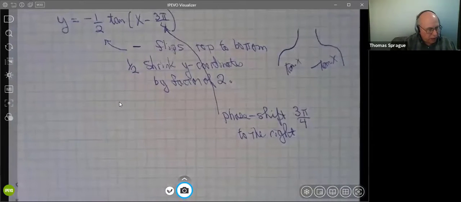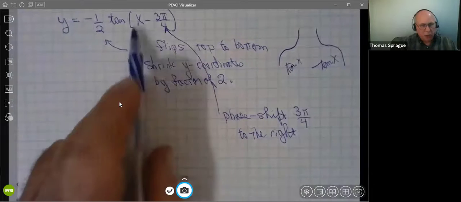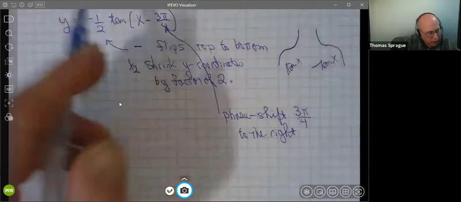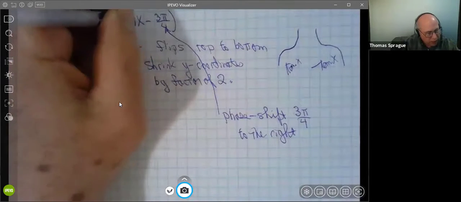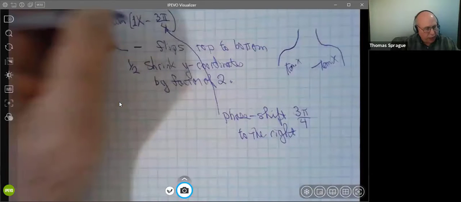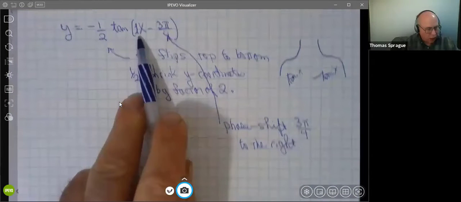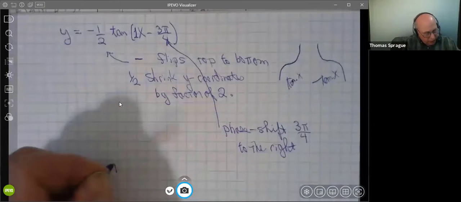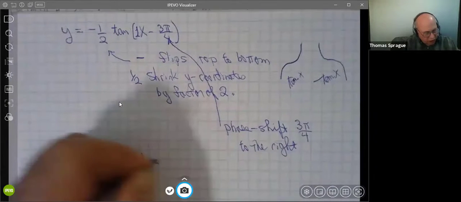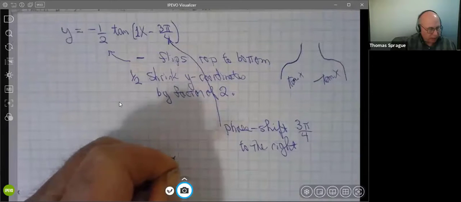All right, and I don't have a multiplier on x. And, you know, I could emphasize that by saying I have 1 times x. So the period is going to be just exactly what it was before. The period for the tangent function is not 2 pi, it's pi.